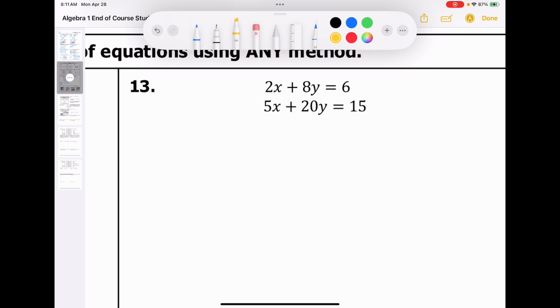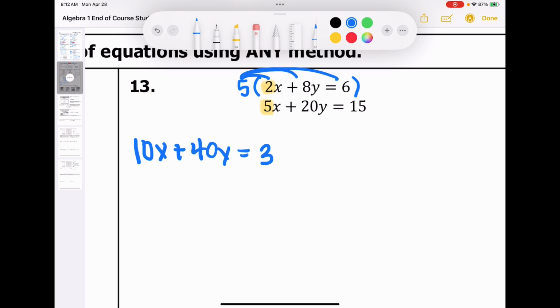So I want both of my numbers in front of x to be 10. So in order to do that, I have to multiply my first equation by 5 because 5 times 2 is 10. So that gives me 10x plus 40y equals 30.